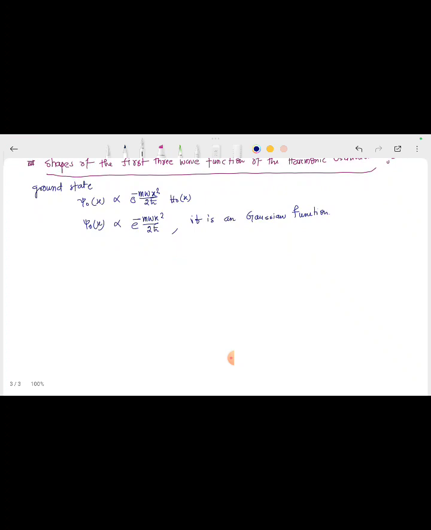So from these wave functions, we get a very interesting plot. This is psi 0 of x, with x equals plus infinity here, x equals minus infinity here, and x equals 0 in the middle.